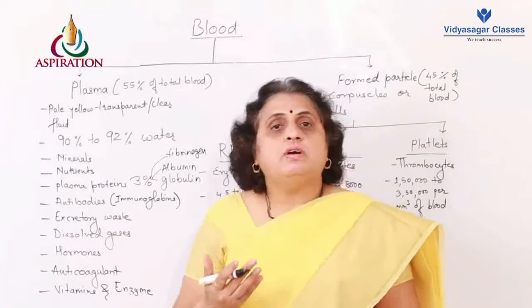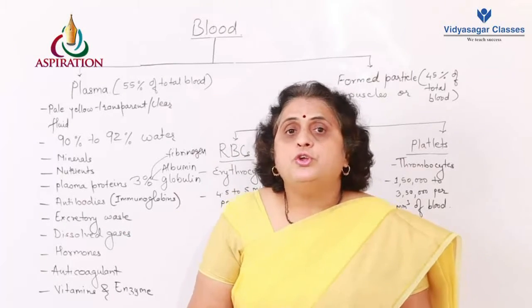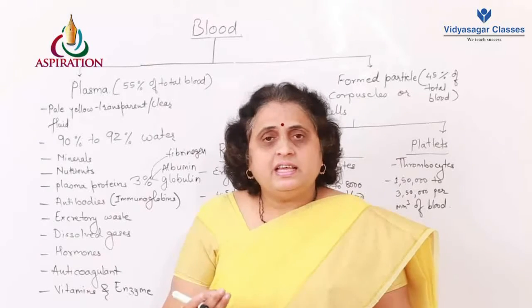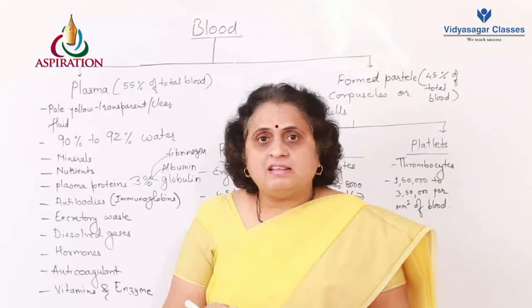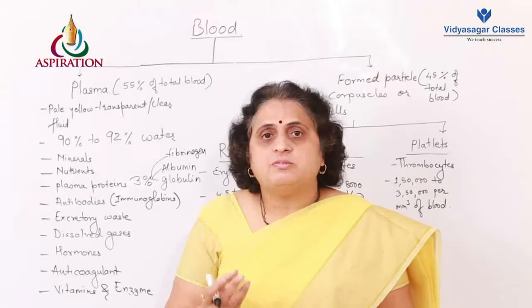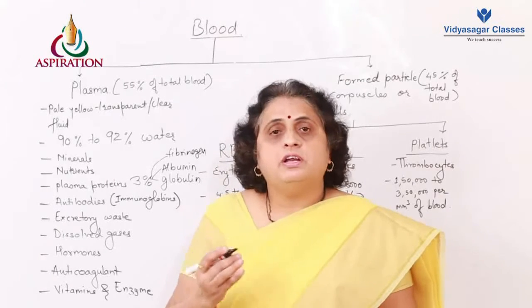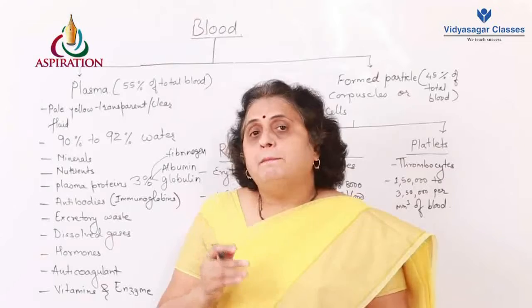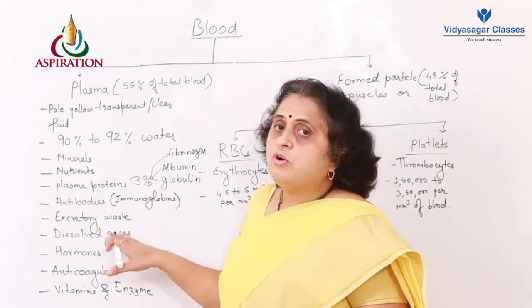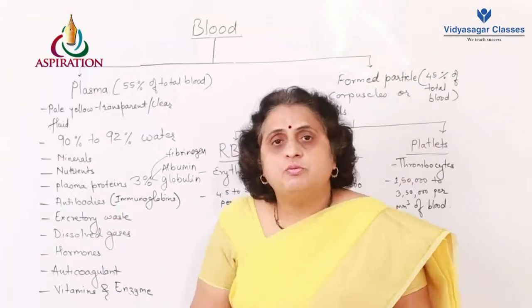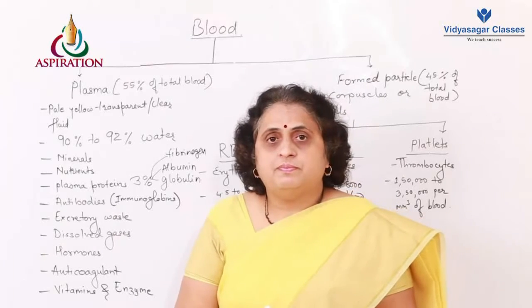Excretory waste here comprises urea, a very small amount of uric acid, then creatinine, hippuric acid. Generally we do not produce a large amount of hippuric acid, which we will learn further in the excretory system. But a small amount of uric acid and urea majorly are contributed as human excretory waste.